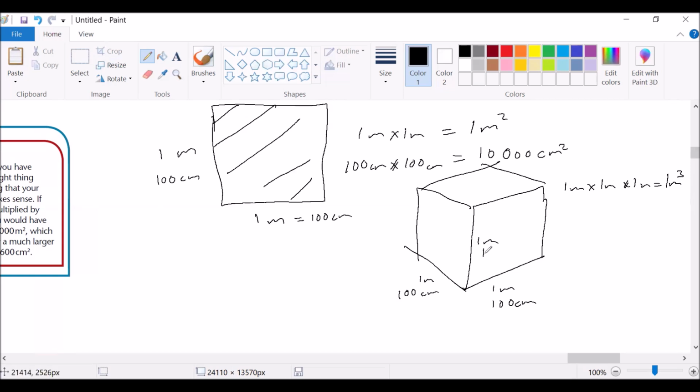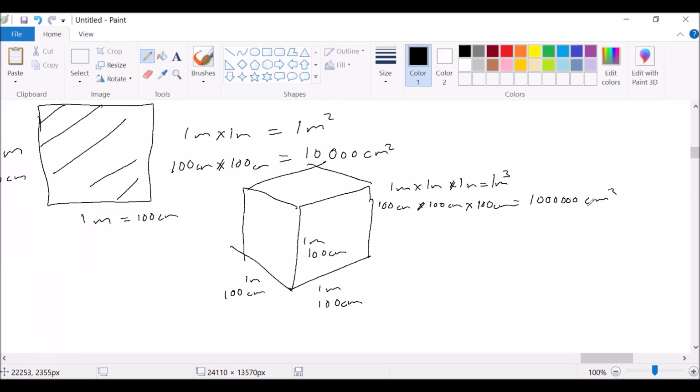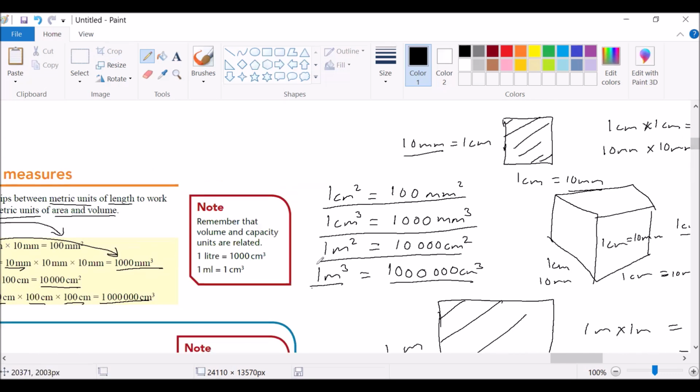So saying 1 meter by 1 meter by 1 meter is the same as saying 100 centimeters times 100 centimeters times 100 centimeters. This will give us 1,000,000 cubic centimeters. That's how we can derive this ratio. 1 cubic meter is equal to 1,000,000 cubic centimeters.